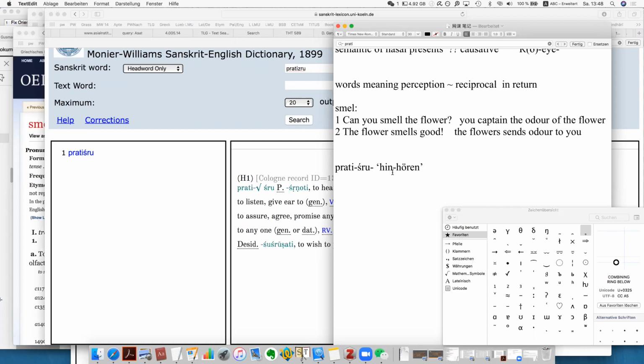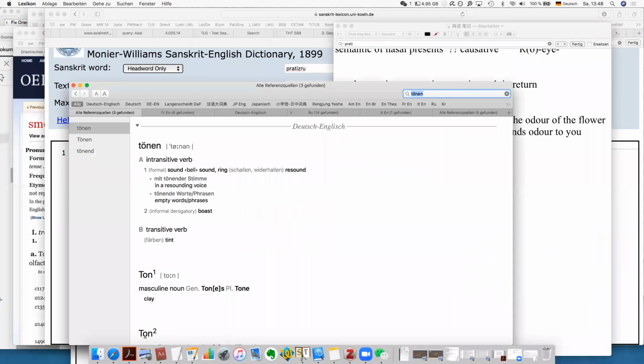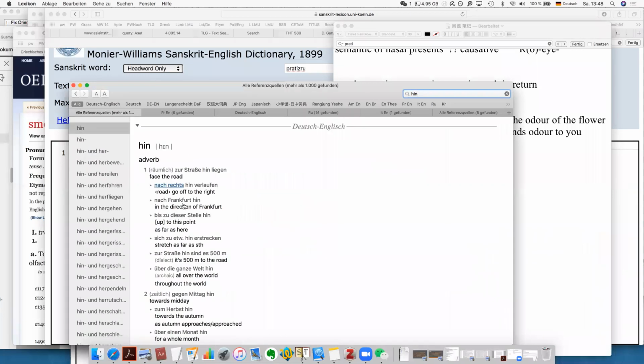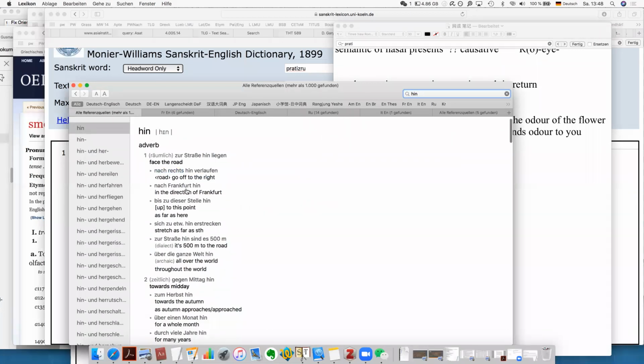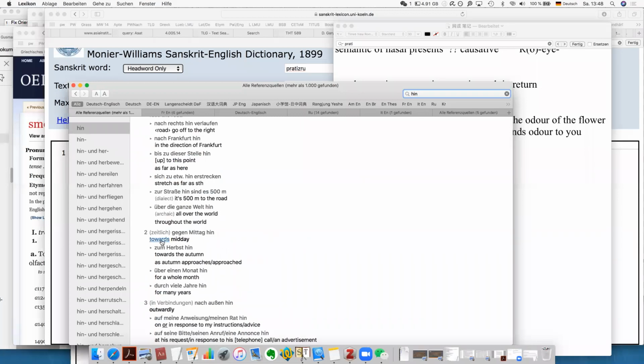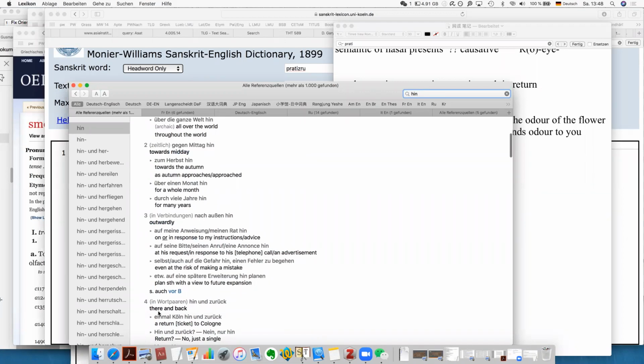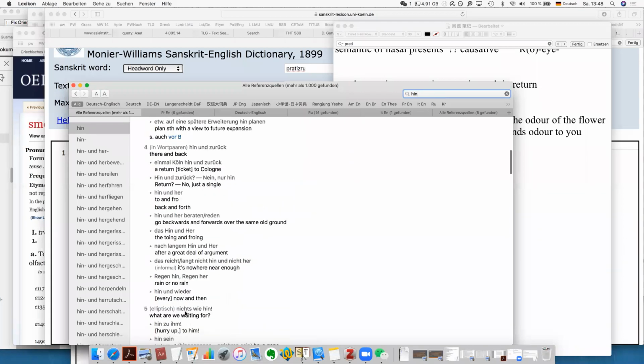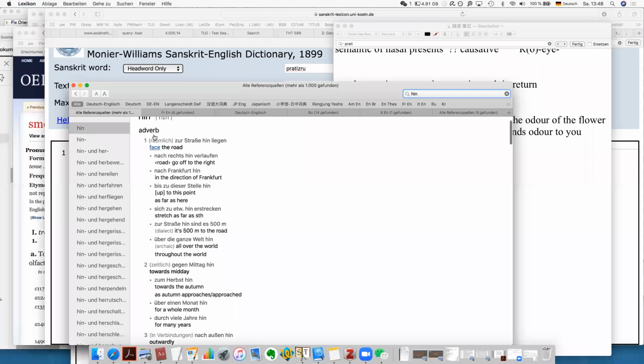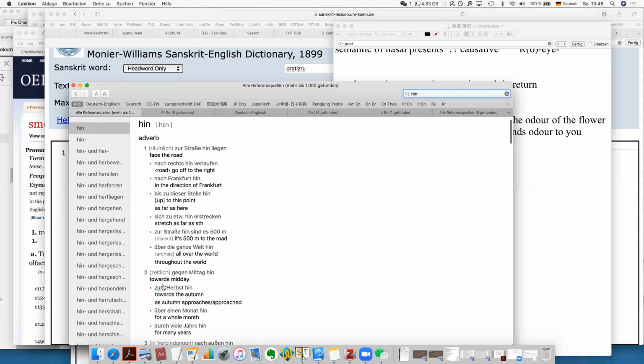Yeah. So hin, let's check the German dictionary. Okay. Hin. So hin actually face, towards, right? So towards, outward, then back. This is not relevant. So here, hin actually means face, towards, right?